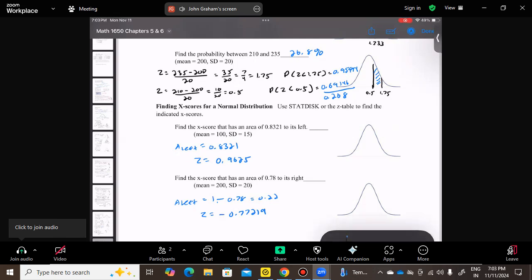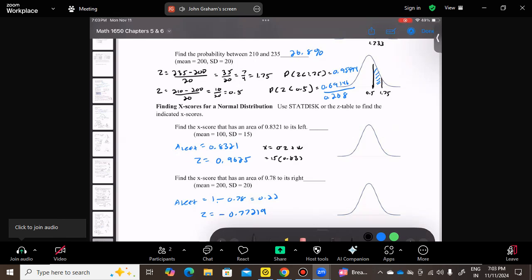All right, so now let's find the x-score. This would be a good formula to write down. X is standard deviation times the z-score plus the mean. So this would be standard deviation is 15 times 0.8321 plus 100.